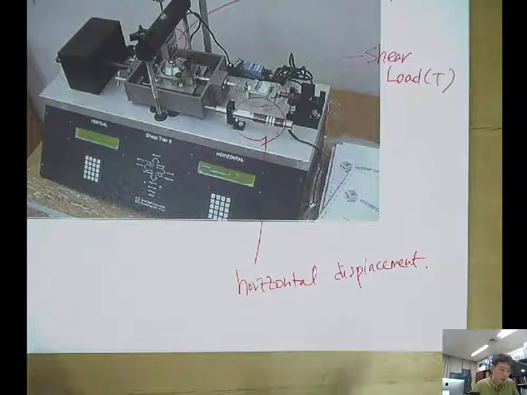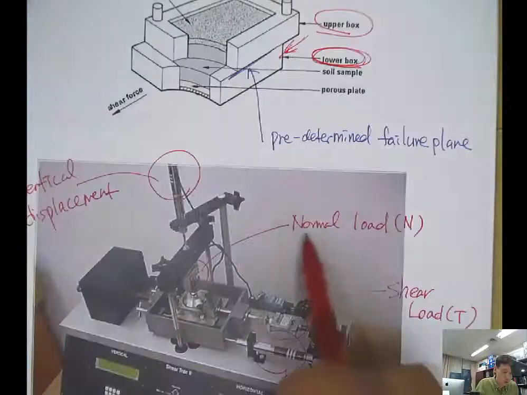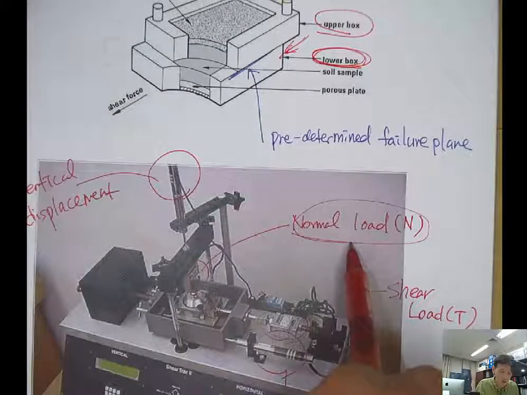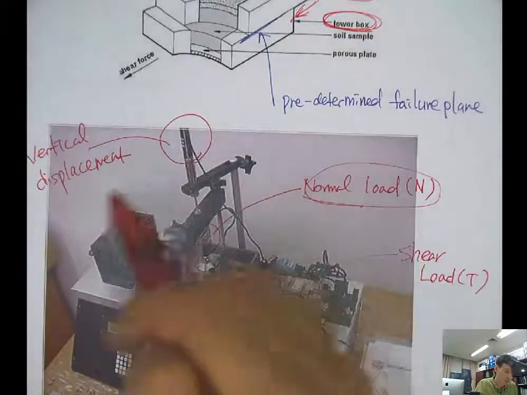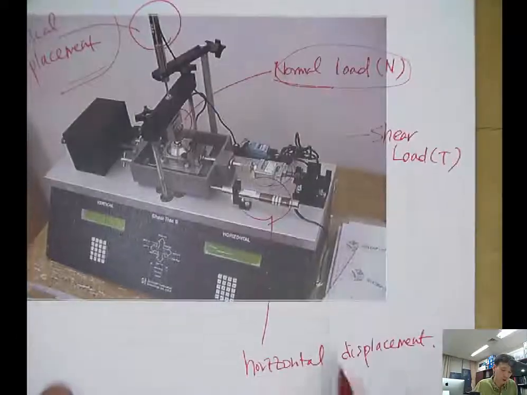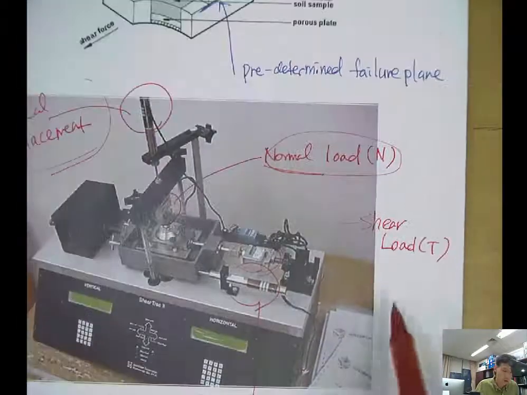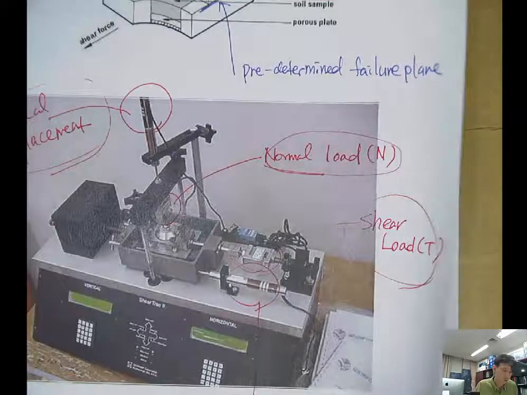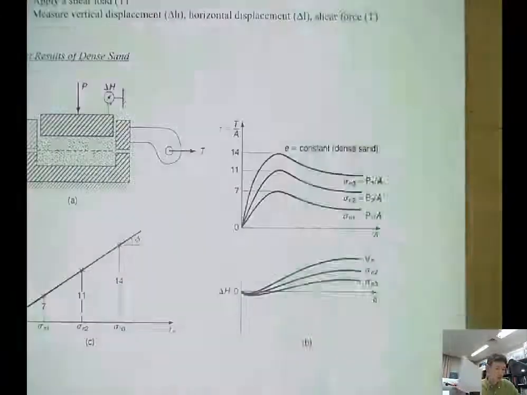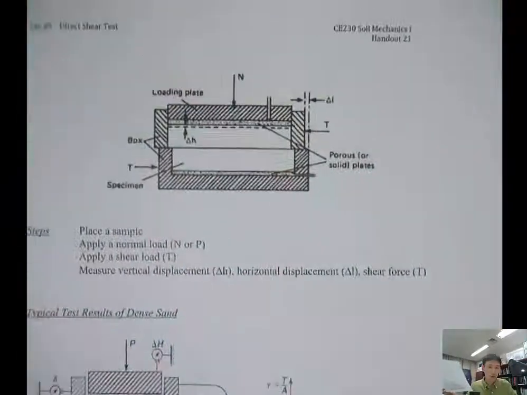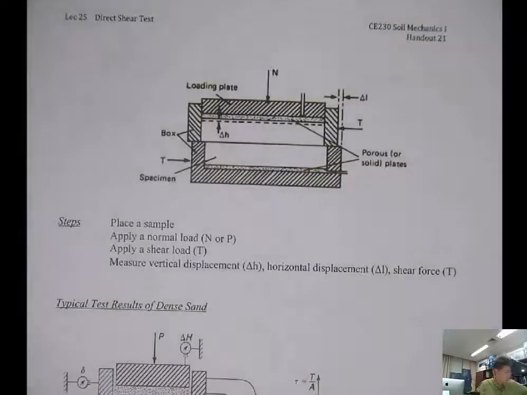So in the direct shear test, you need to know how much load you're applying in the normal direction, vertically, and you need to monitor the vertical displacement and the horizontal displacement and the shear load. From that, you can obtain the shear strength. So in the next page, it details the procedure.